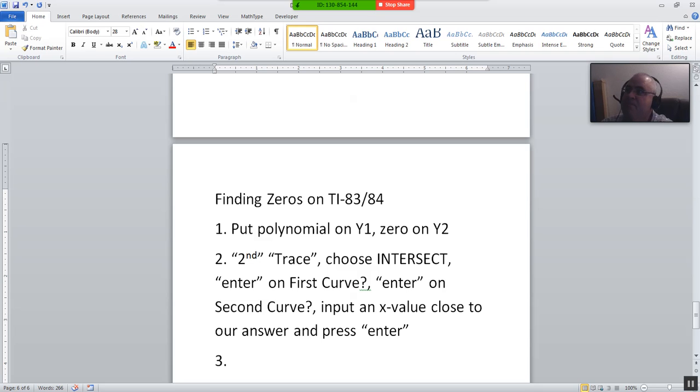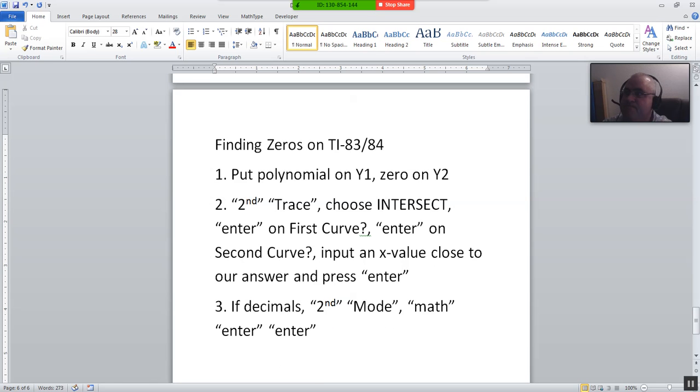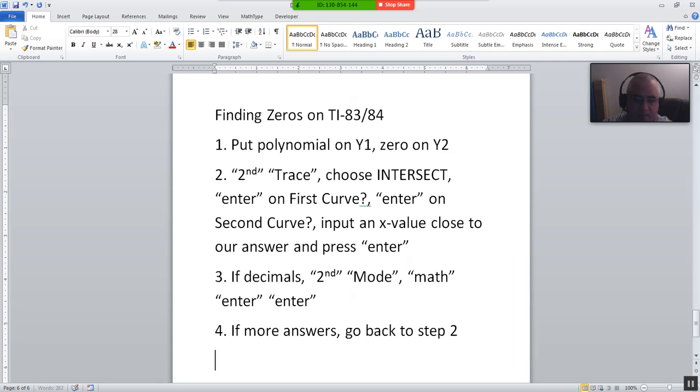Step 3. If we have decimals, then we're going to exit out, do a second mode, and then we'll do math, enter, enter. Now this is assuming it actually would change to a fraction. And then step 4, if more answers, go back to step 2.